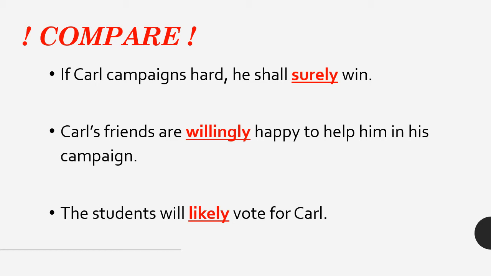What does it describe or what does it point to? So, in the first sentence, surely is trying to describe or give information to the word win, which in this case is what? An action verb, which is a verb. Or an action word, which is a verb. So, our surely ends in ly.